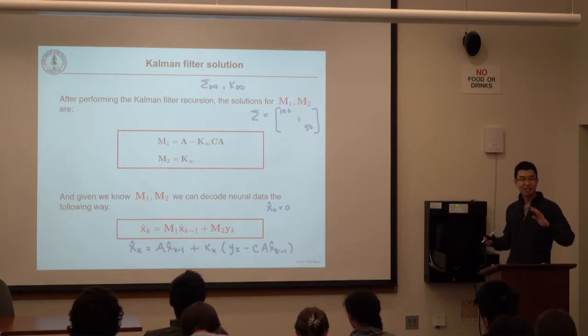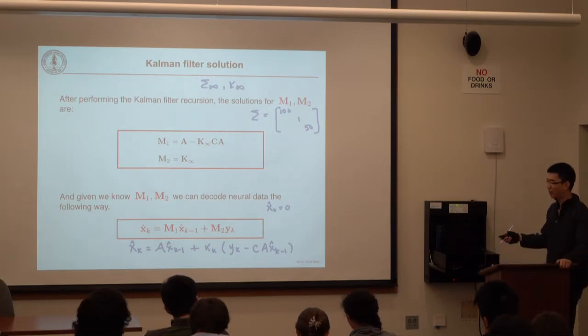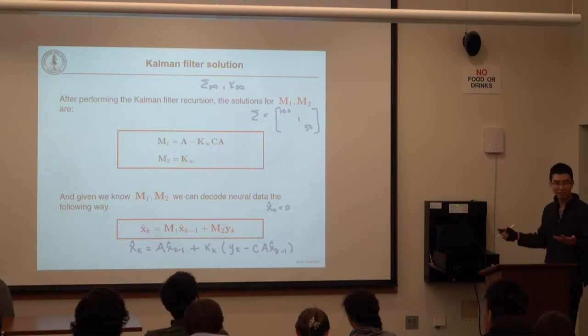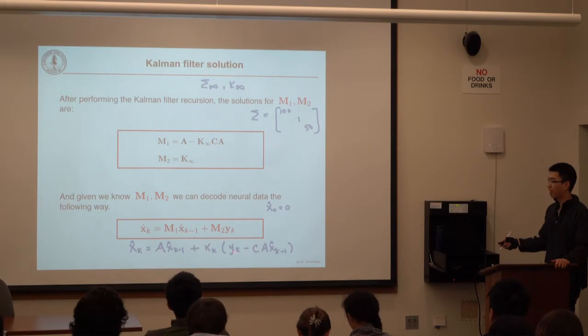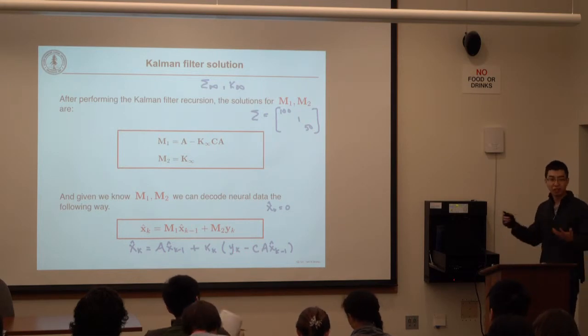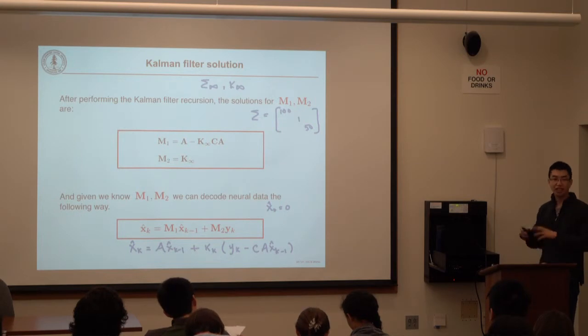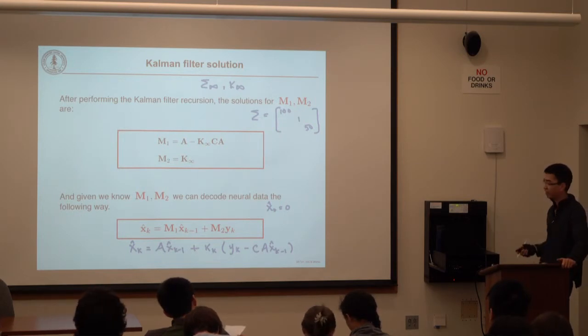And so if someone comes to you and they say, this isn't a Kalman filter, this is a Kalman filter, well, they're mathematically equivalent. The reason that most people write it this way is because it's somewhat intuitive as well. And so again, you won't be required to know this for the final, but I just want to share this intuition in case you work with Kalman filters in the future.